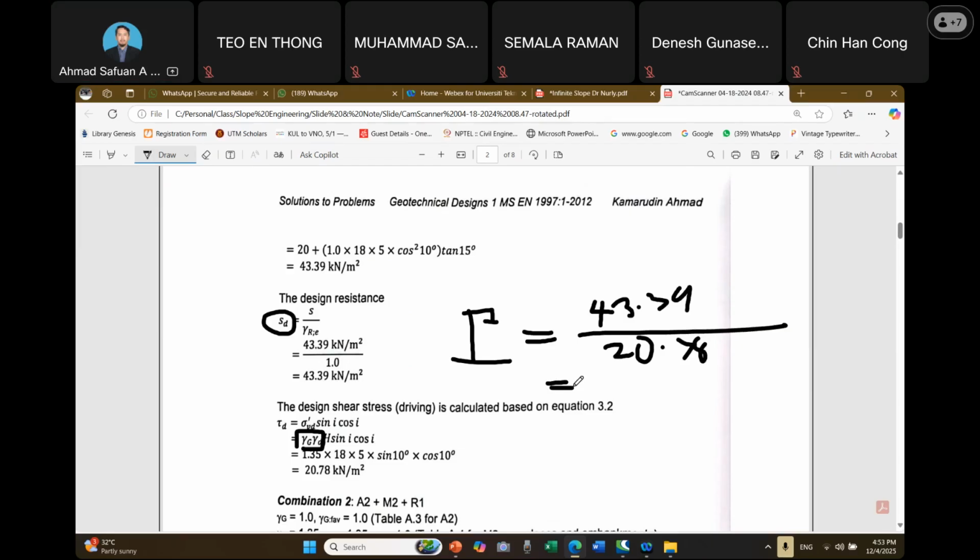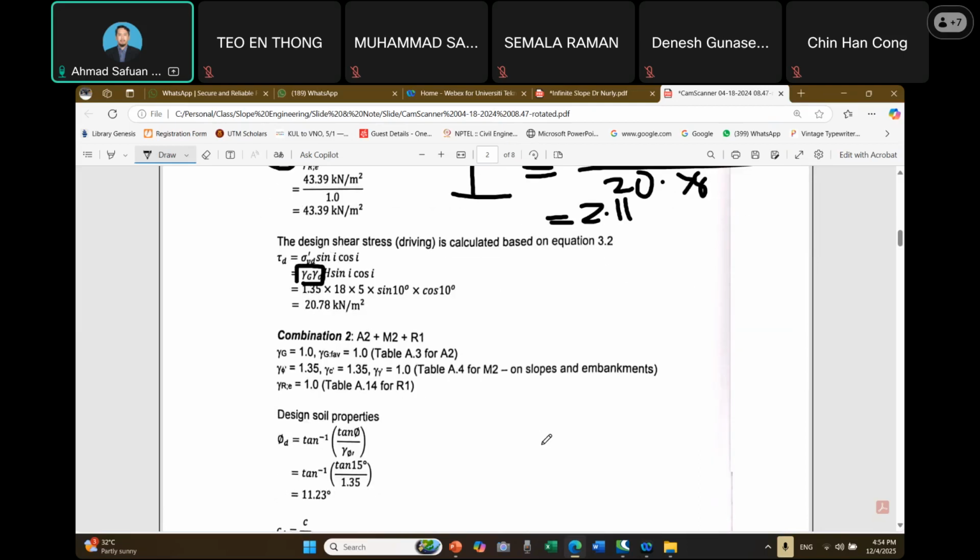We obtain 2.11. So 2.11 is greater than 1, so it complies with the EC7 methods.